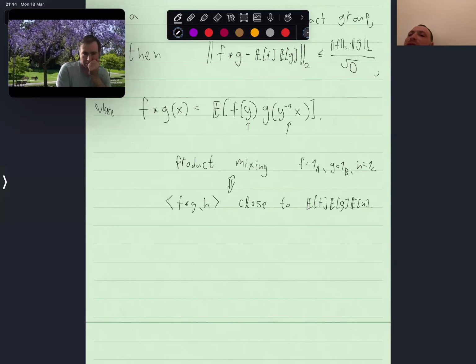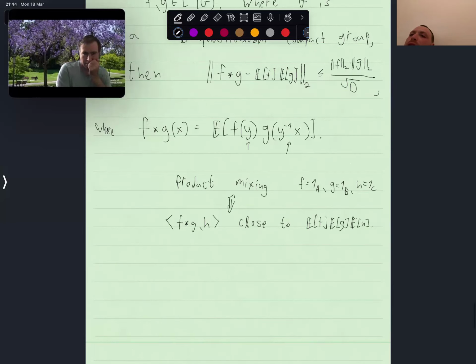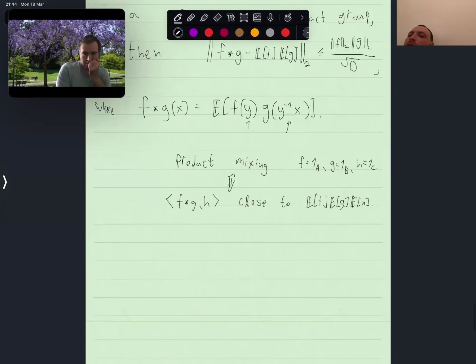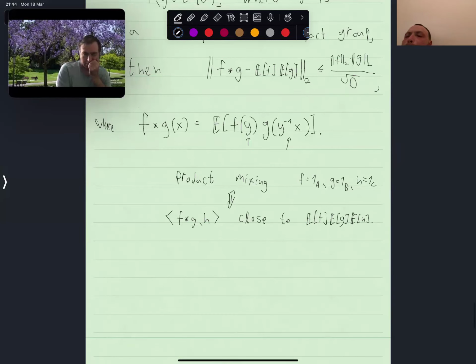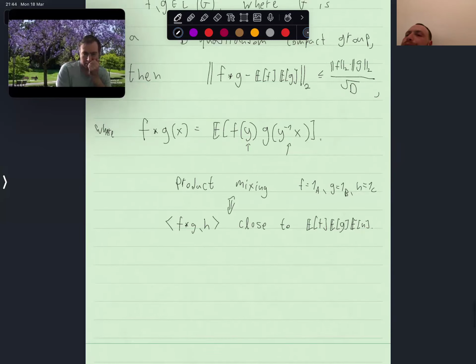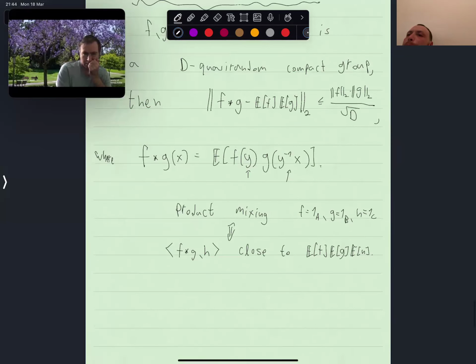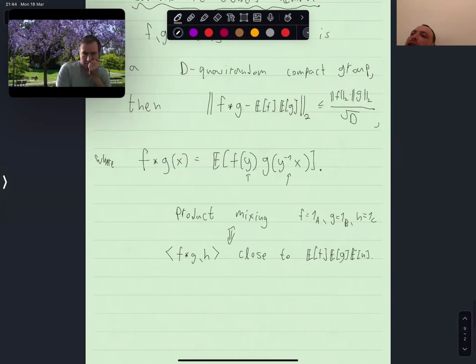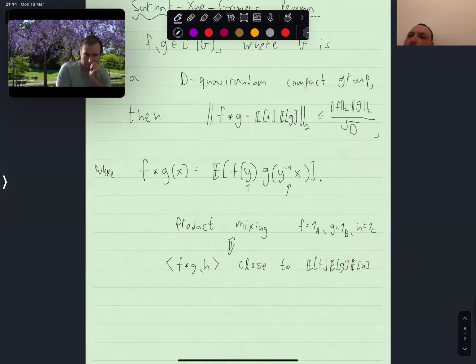So if you can approximate F convolution G with the expectation of F times the expectation of G, then the inner product can be approximated by the product of the expectations. This is easy. And this was basically Gowers' idea in refuting the Babai–Sós conjecture.